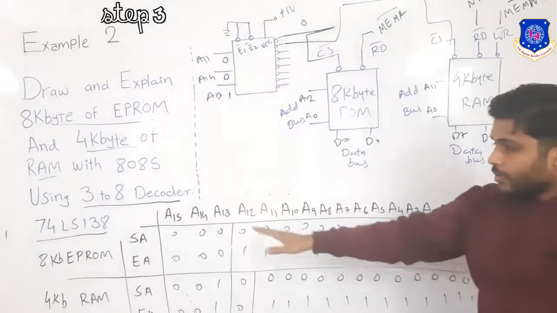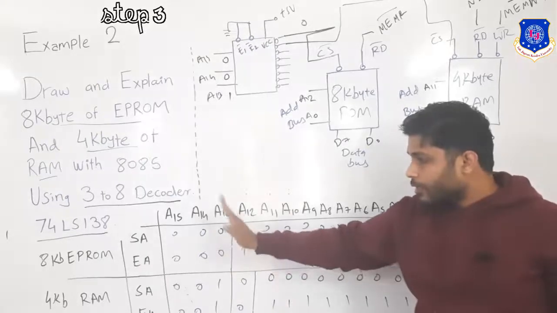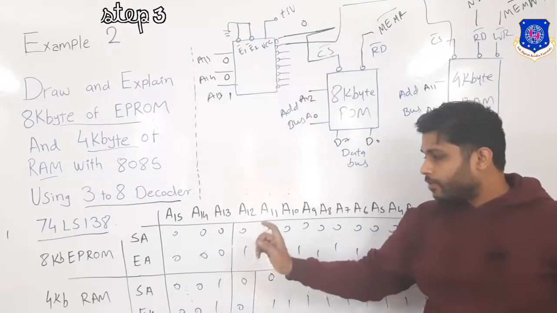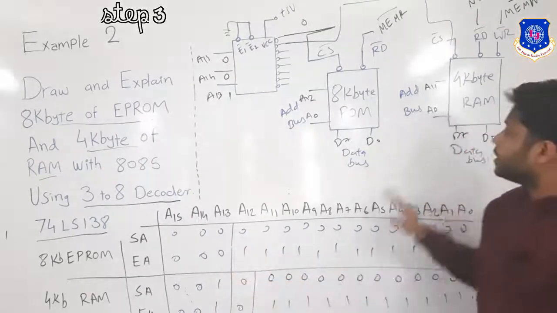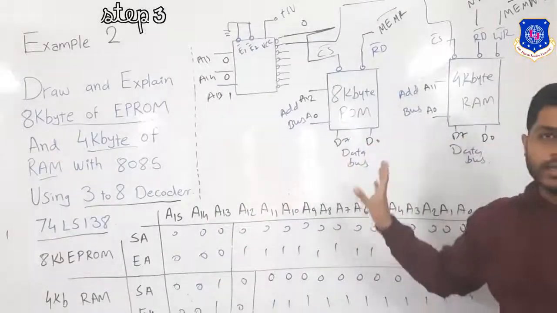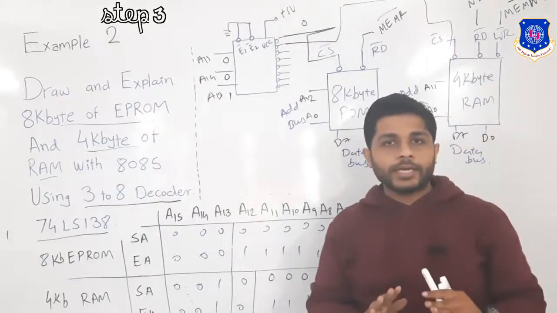Okay. So you can see that for the 4K byte RAM, the value of A13, A14 and A15 is constant throughout the range. It means when the value of A13, A14 and A15 is 0, 0, 1, this chip will be selected, and when it is 0, 0, 0, that chip will be selected. And the question of the memory interfacing is completed here.